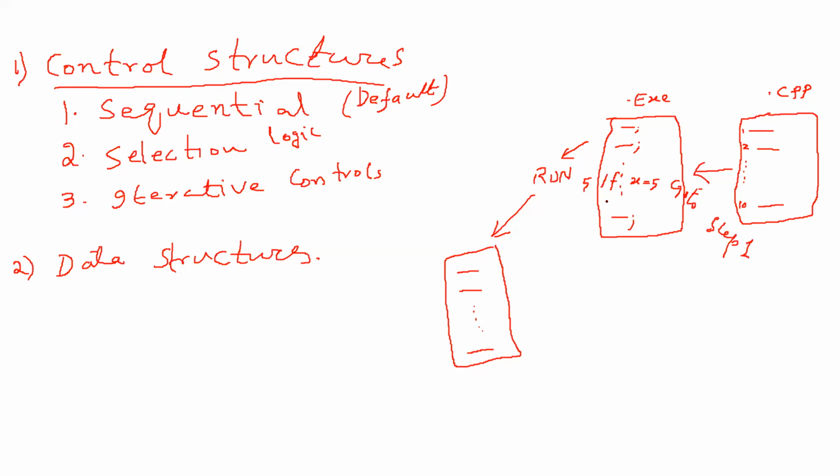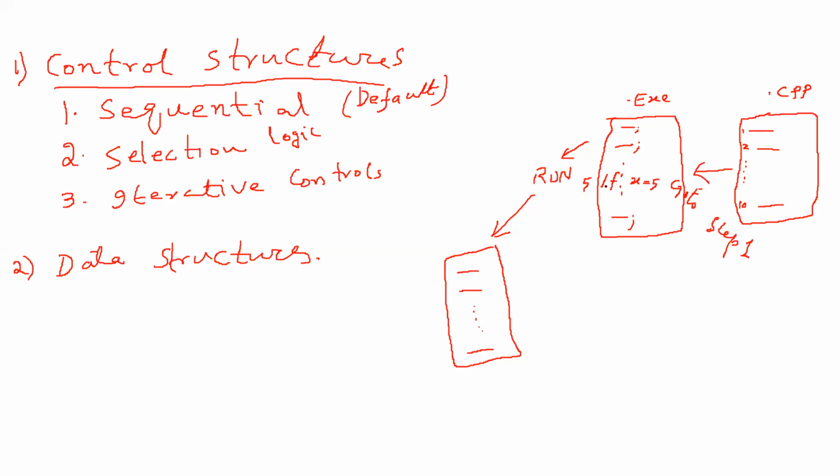In the execution, line number 1 is executed, it is sequential. Then after completion of line number 2, line number 3 is taken and executed, then line number 4.